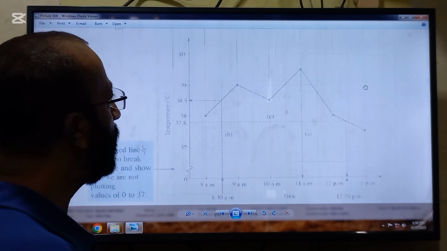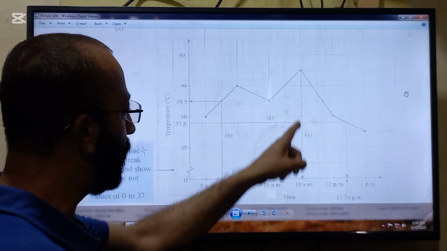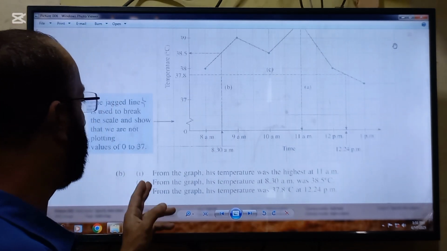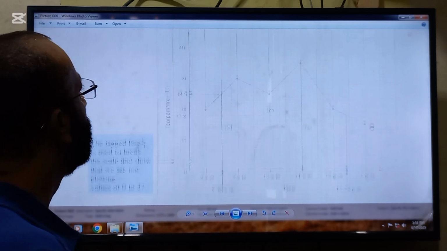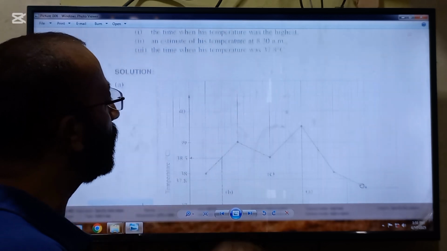The next requirement is the time when his temperature was the highest. From the graph we can see this is the point having the highest temperature, and the time then is 11 a.m. Next requirement is an estimate of the temperature at 8:30.